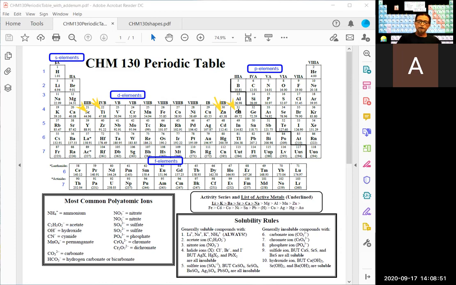And so when you did 31, just like you did, I'm going to do number 31, so that'll be gallium. I'm going to do the shorthand.